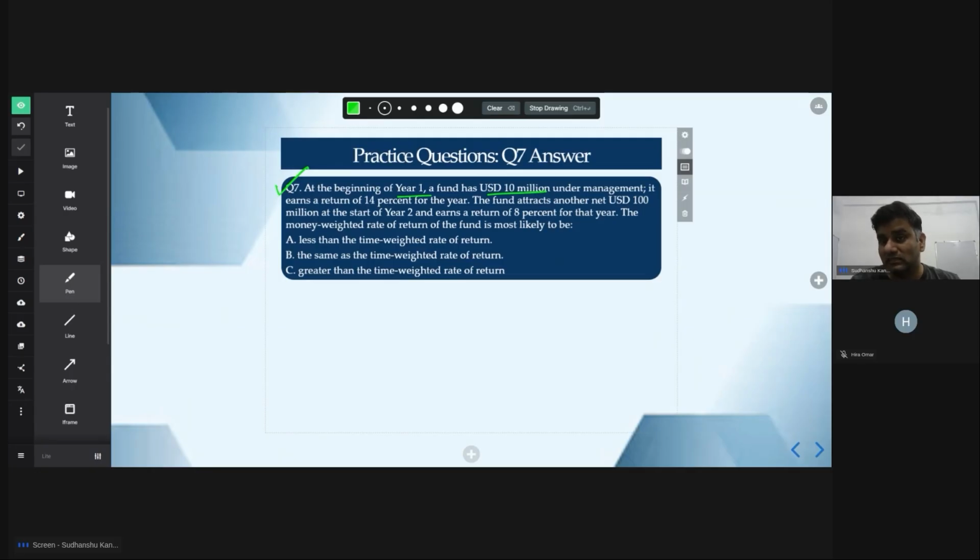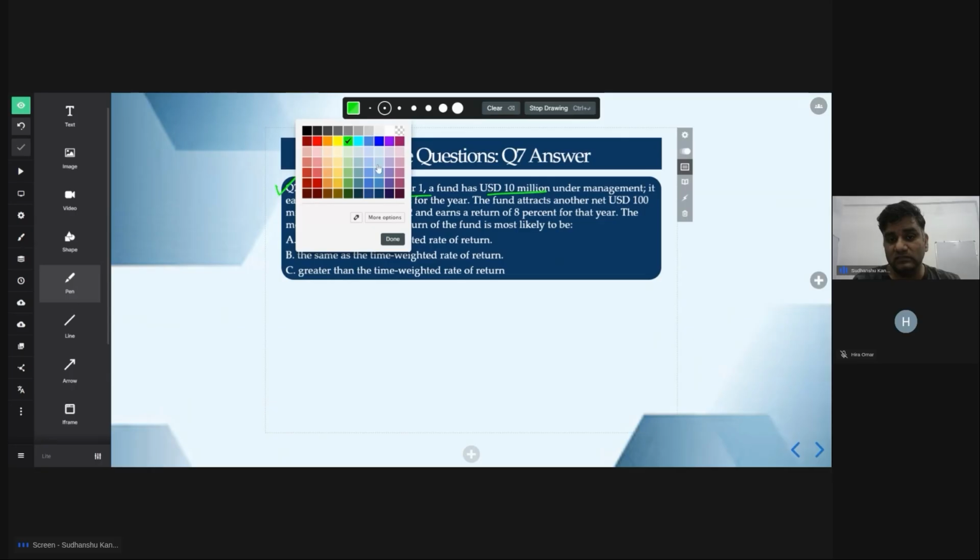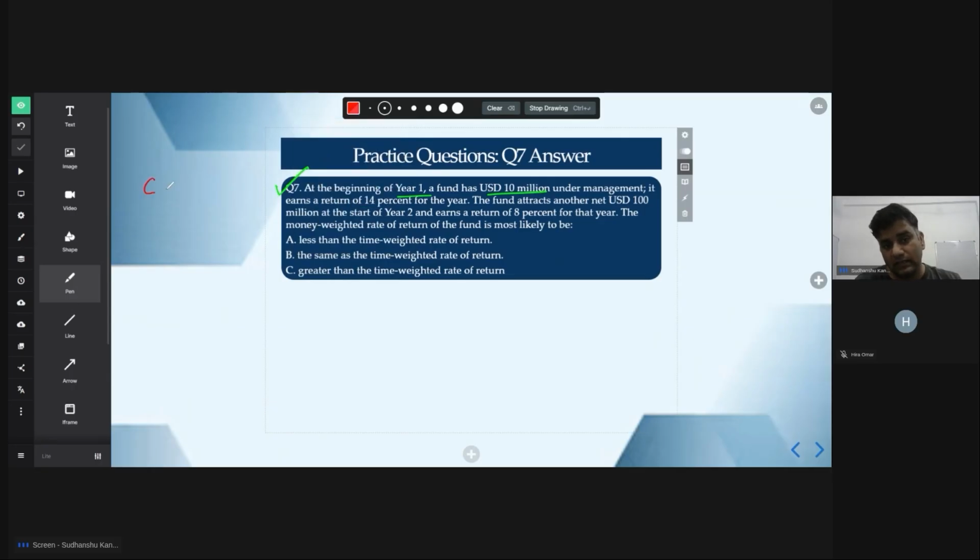This convention you have to understand. CF0 is given to you. And what will be the sign of CF0? I told you, you are receiving the money when you started the year, 10 million. So this will be negative 10 million under management.